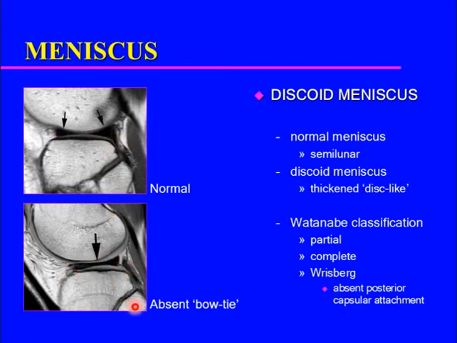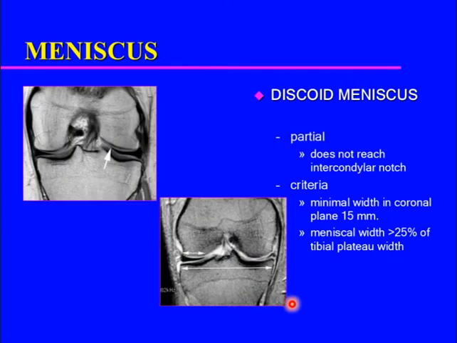It's just like a discoid meniscus. There is something called the Watanabe classification for the discoid meniscus, which divides it into partial, complete, or Wrisberg type, which is due to absent posterior capsular attachment.